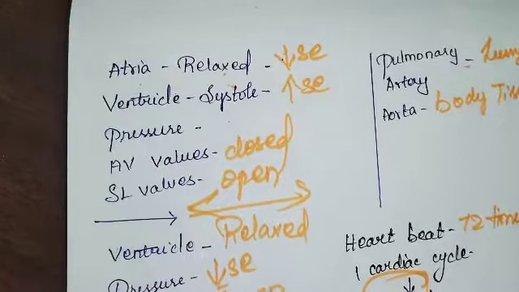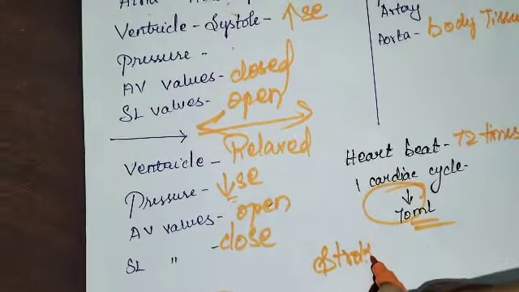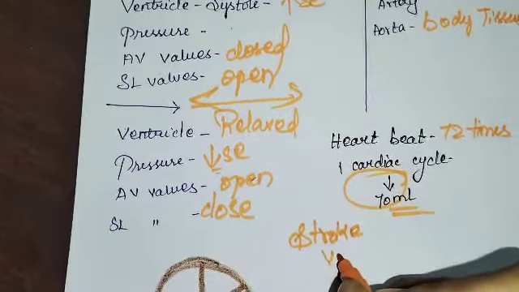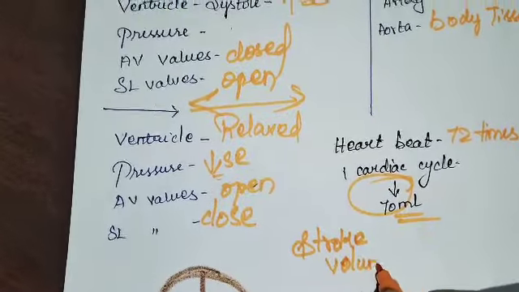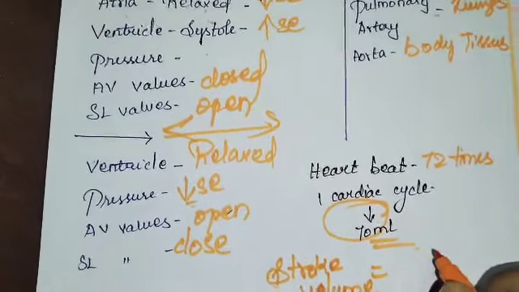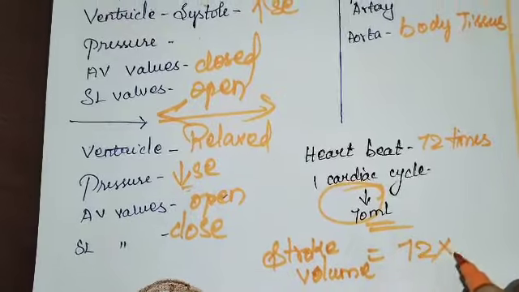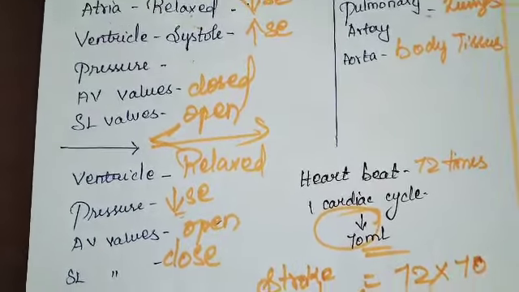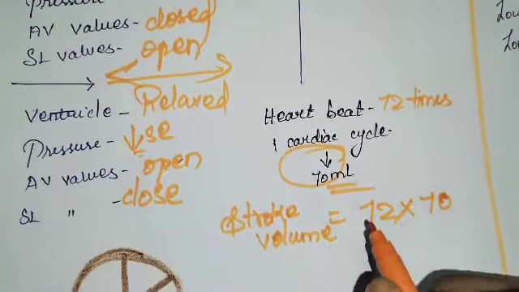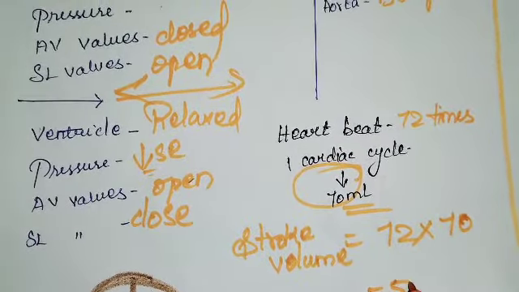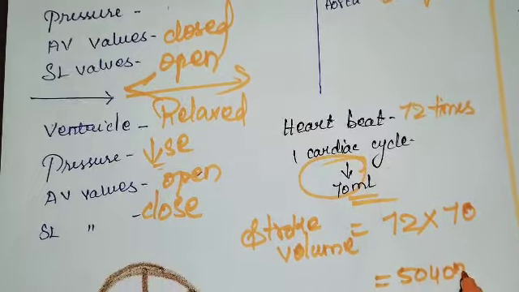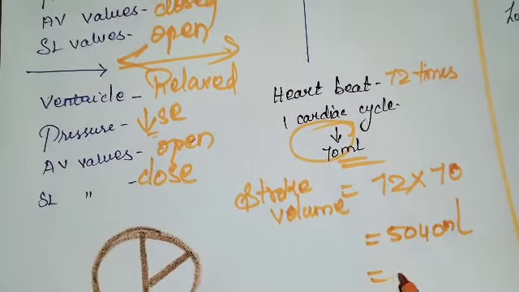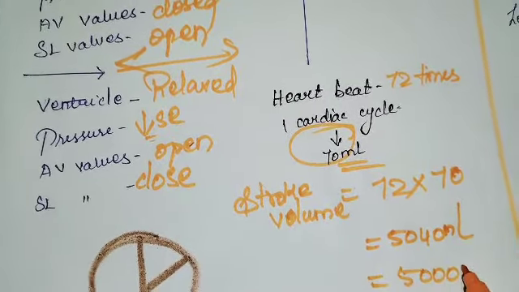So what is stroke volume? Okay, cardiac output is heart rate into stroke volume. So we get the answer as 5040 milliliters. On average we take 5000 ml.